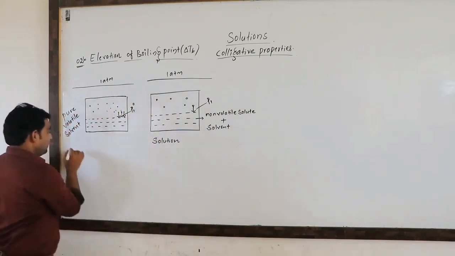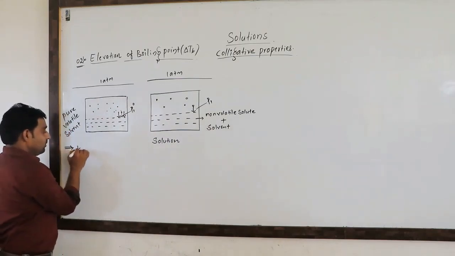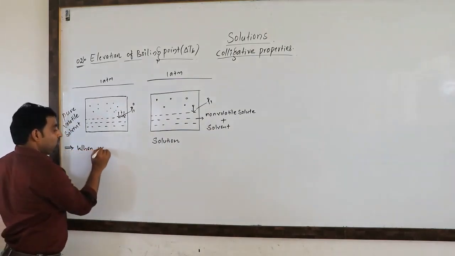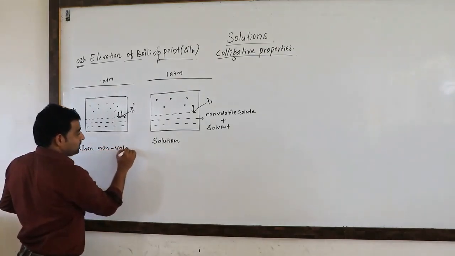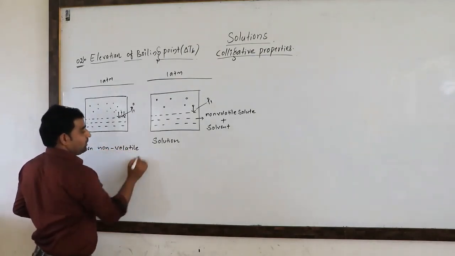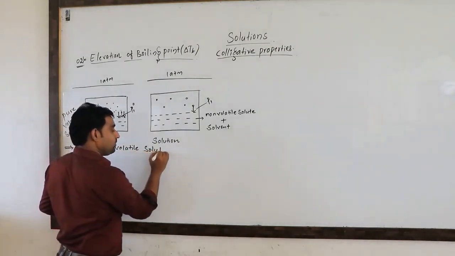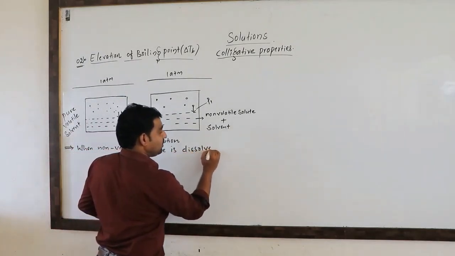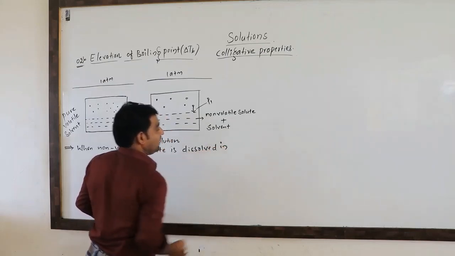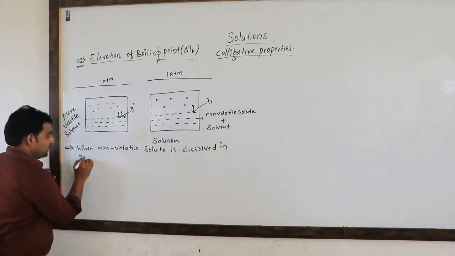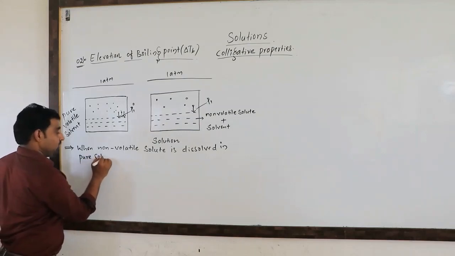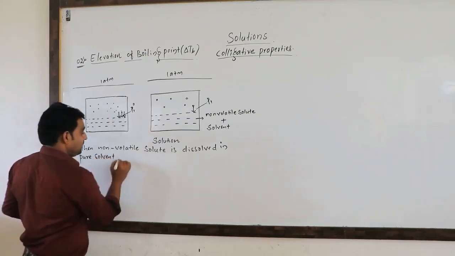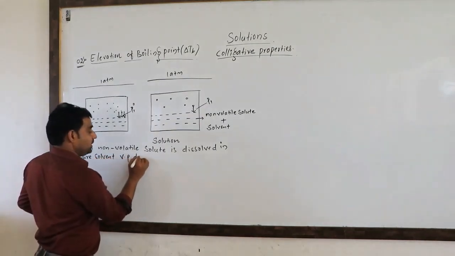Now I will write that when a non-volatile solute is dissolved in a pure solvent, vapor pressure decreases.